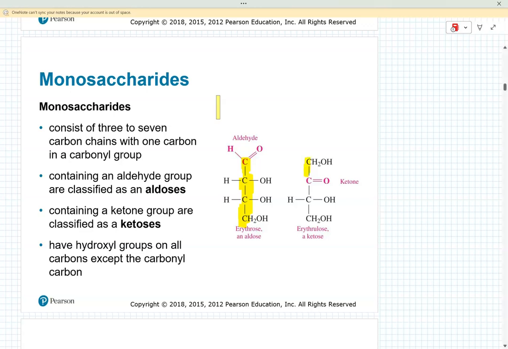Okay? And this one has 4. But they are different because the one on the left, erythrose, has an aldehyde group at the end. That makes sense. If it has an aldehyde group at the end, we call it an aldose.